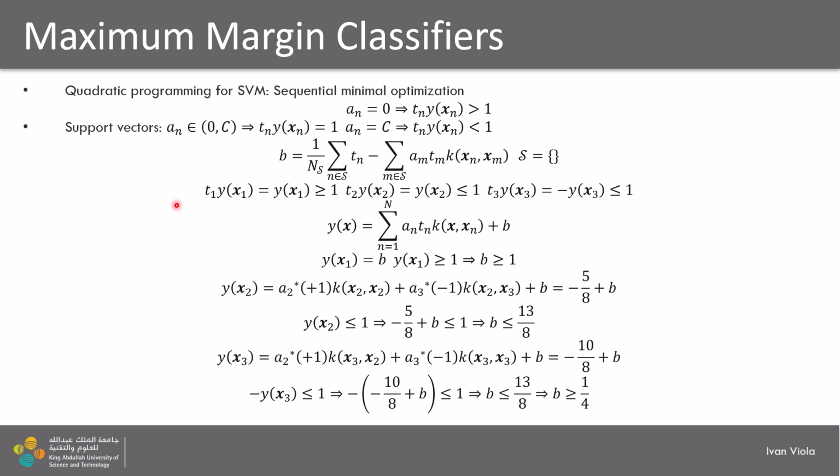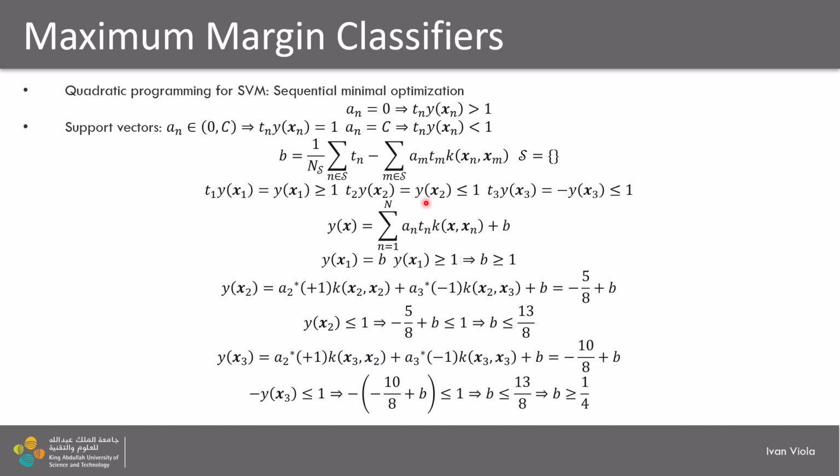So as t1 y(x1) is equal to, so t1 is plus 1, therefore y(x1) is bigger than 1, and for t2 y(x2), t2 is also 1.